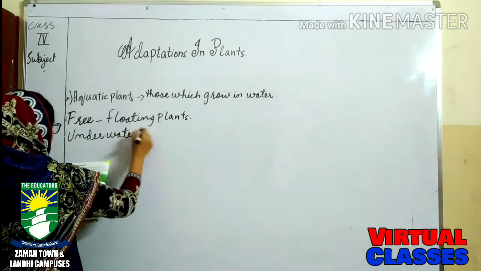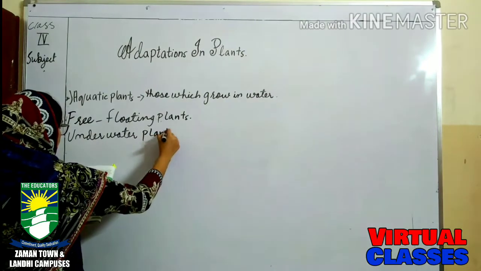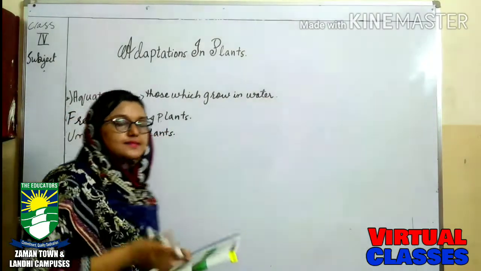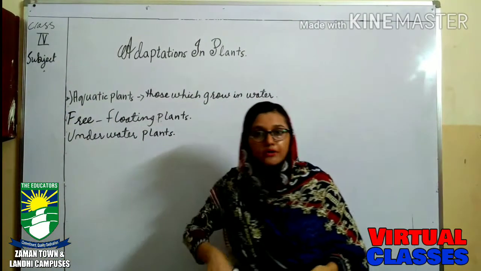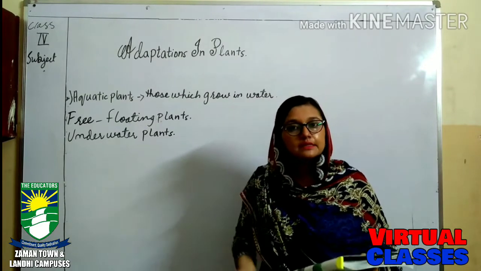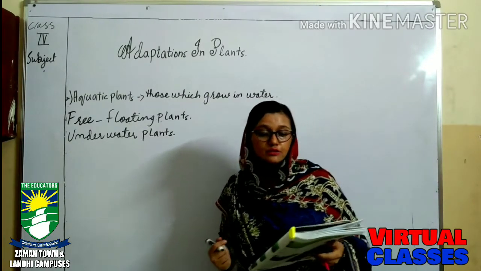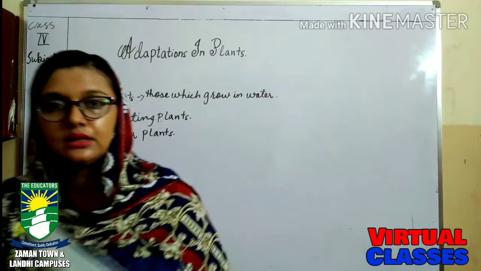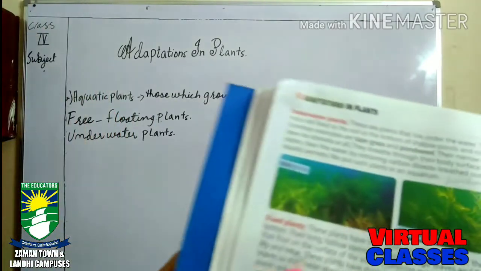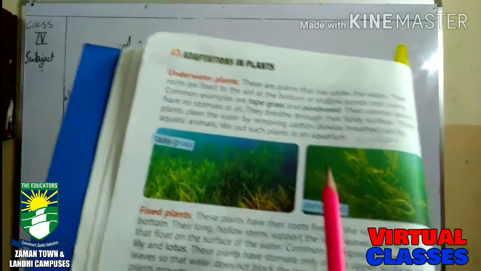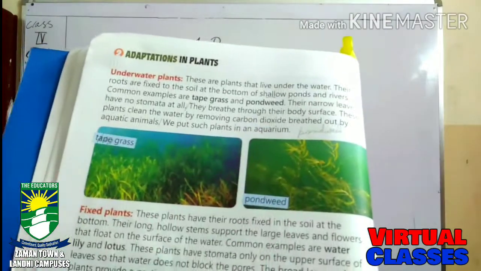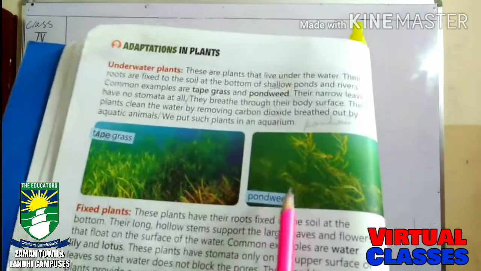These are plants that live under the water. You can see the examples as well, such as pondweed. Both are examples of underwater plants.